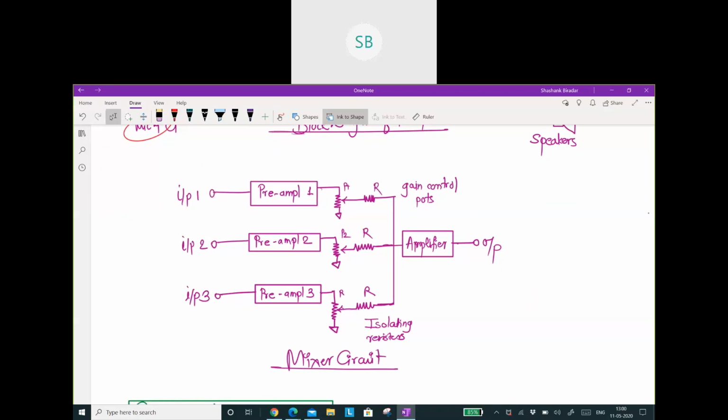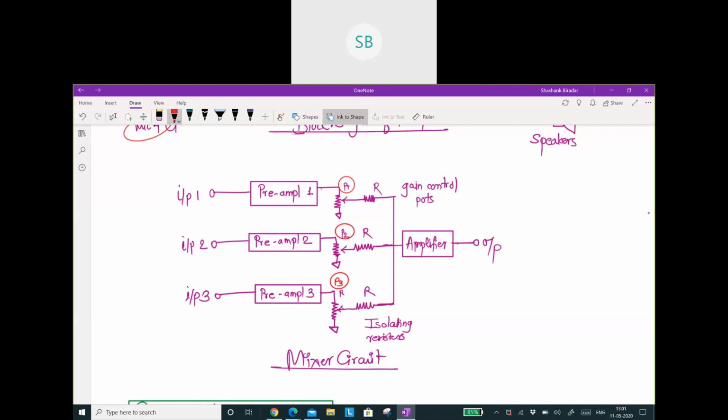Here they are shown as P1, P2, and P3. At this point, we can adjust the amplitude of each signal separately for the best quality listening. Consider a scenario where silent music is being played and an announcement is going on.